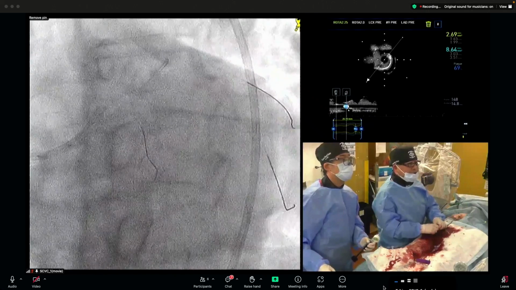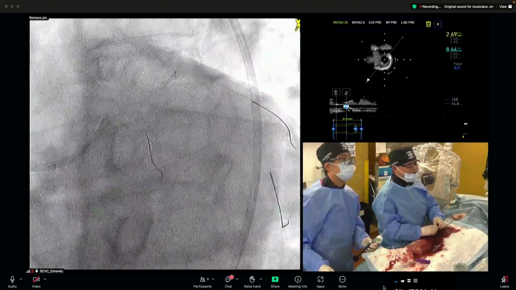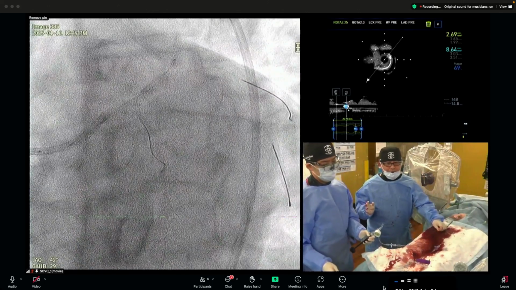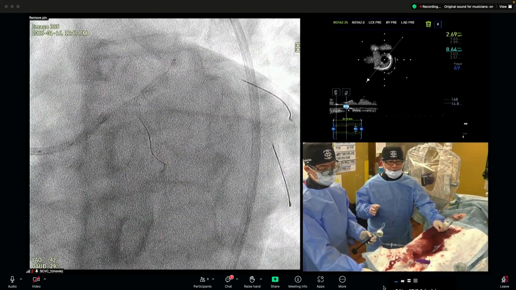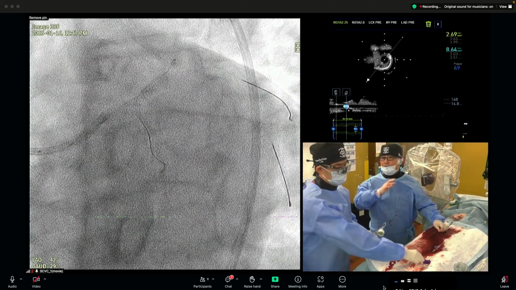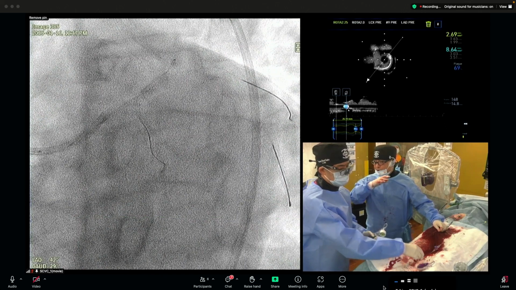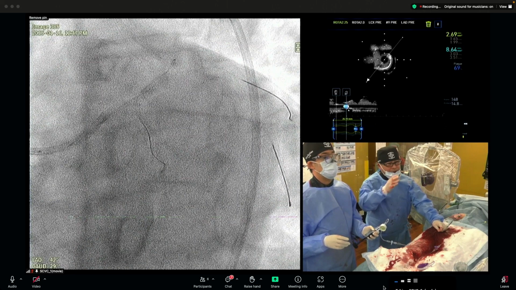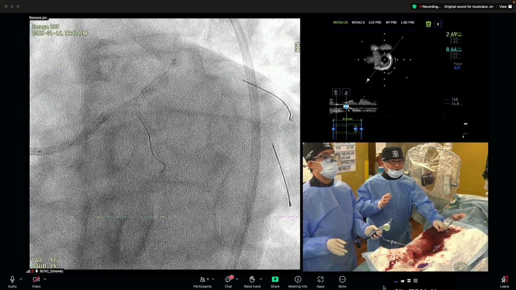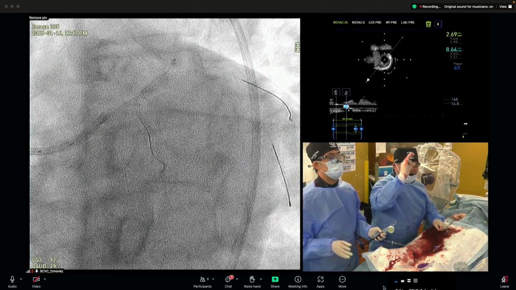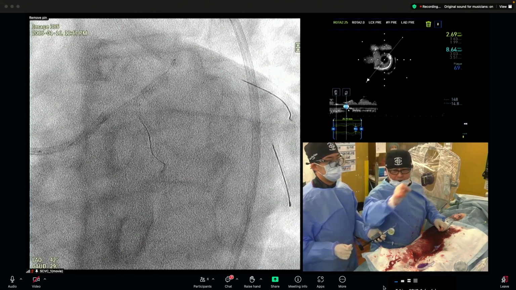So there is no need for side branch protection during rotablation, because rotablation has no mechanism to cause side branch occlusion; the rotablation effect only ablates inside the calcium. If you get a side branch occlusion during rotablation, it means your rotablation is rough, because huge debris is produced and goes through to the side branch.